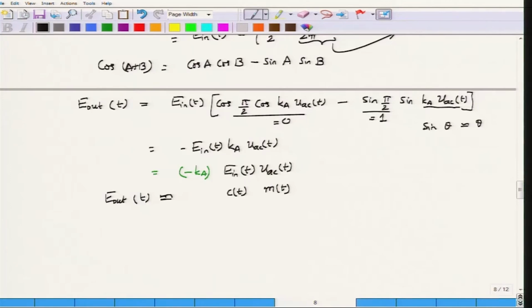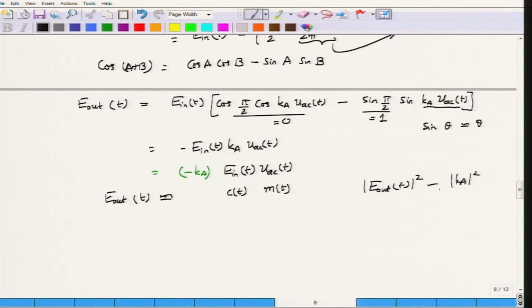So, that cosine nonlinear characteristic has been removed, but at the expense that the output power has drastically reduced. What is the output power? The output power is the magnitude square of this term, and in this magnitude square you will see that K A square is involved. As K A itself is quite small, K A square is even smaller.